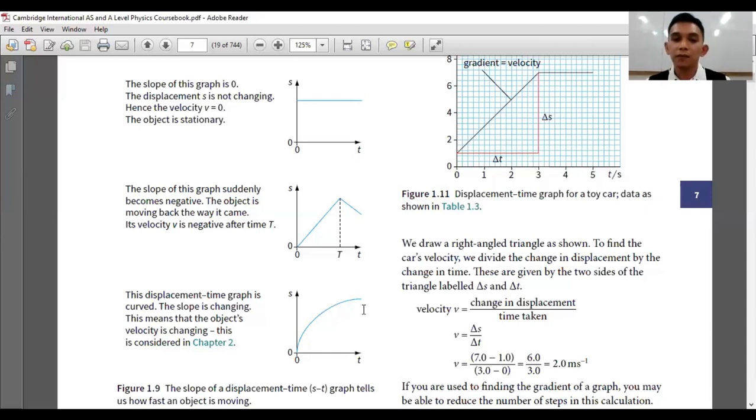If the line is curved upwards, I'm going to show you like this, or the other way around, it means a different case, which we will cover later. So we need to check, see and analyze the graph properly.